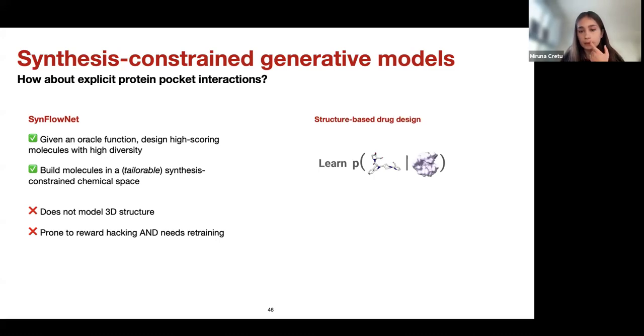So going back to the drawing board, we want to learn the probability over molecules given a protein pocket. If we hold on to the hypothesis that we must be able to model 3D structure in order to create binders to such protein pockets, but also preserve synthesizability, then what do we do?